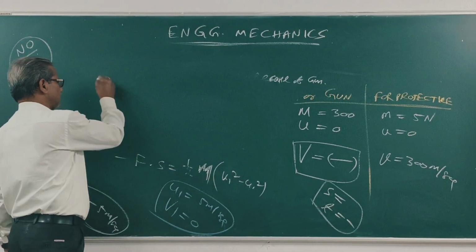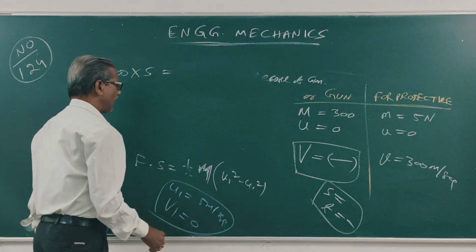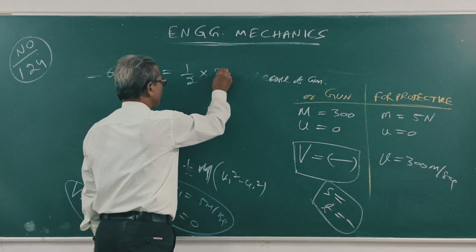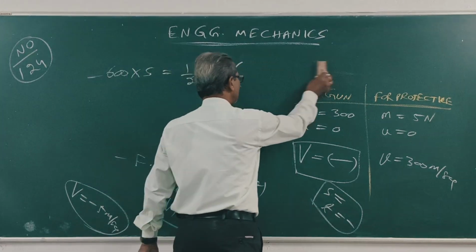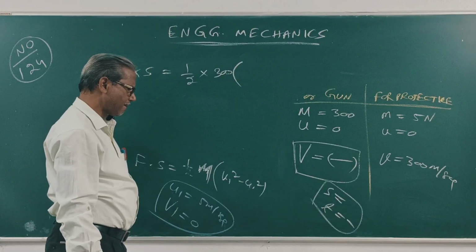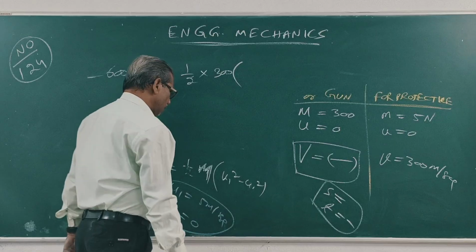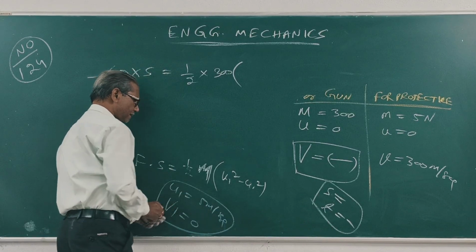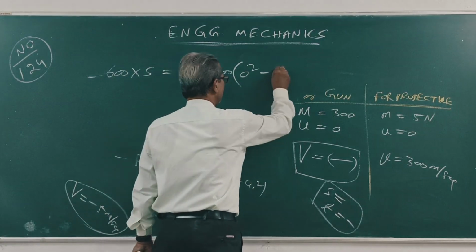So minus 600 into S is equal to half into M, 300, into V1 square minus U1 square, that is 0 square minus 5 square.